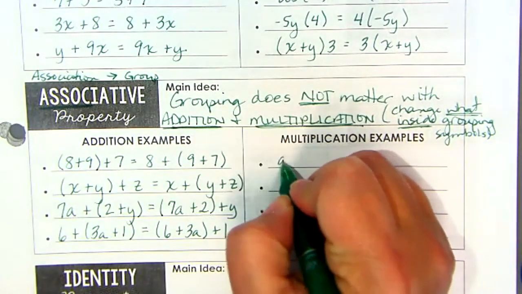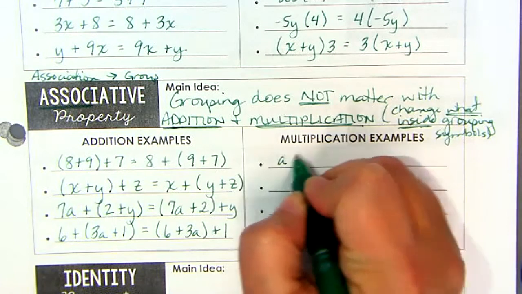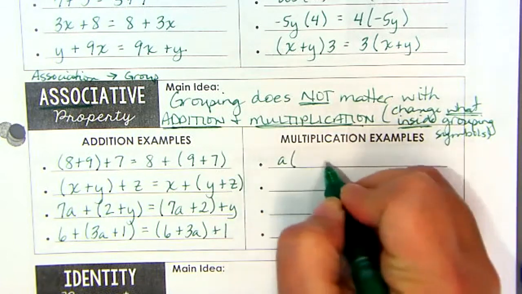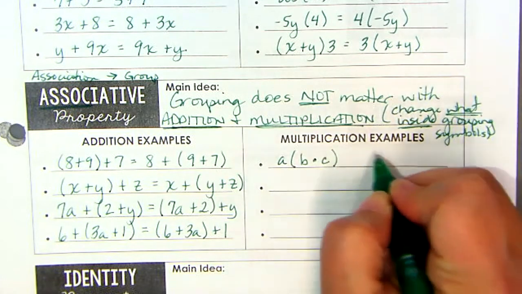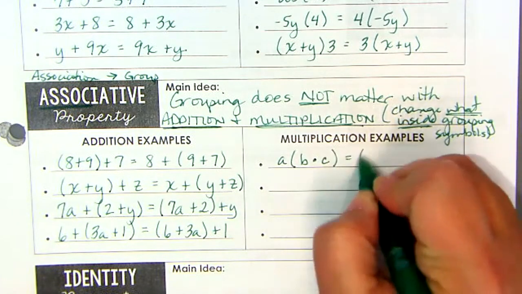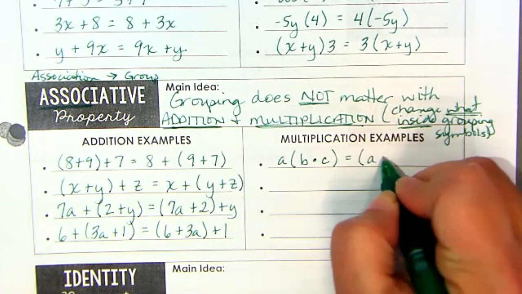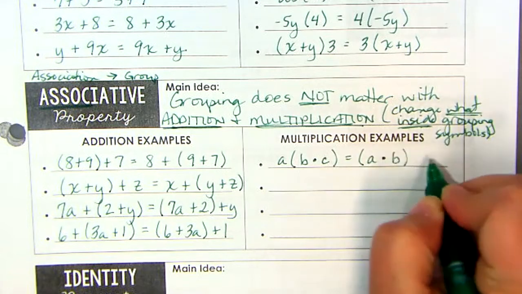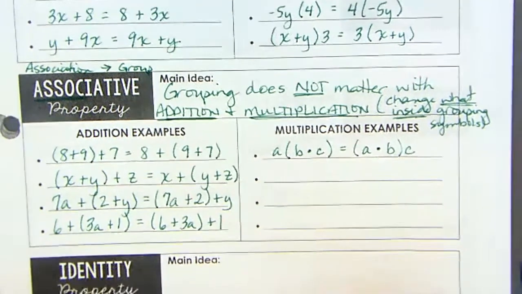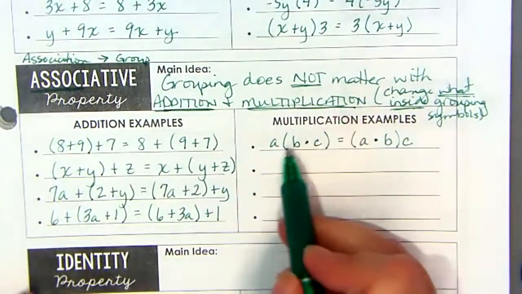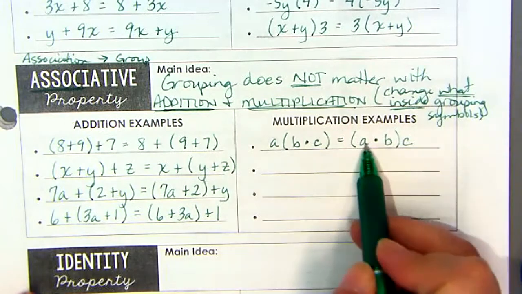We have a, open parentheses, b times c, close parentheses, equals, open parentheses, a times b, close parentheses, c. Notice that what's inside the parentheses is changed. The order is still a, b, c, a, b, c.